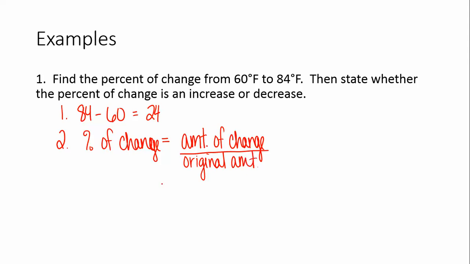In this case, the amount of change is 24, and we're dividing it by 60, which was the original. 24 divided by 60 is 0.4. But remember, we need a percentage, so that's going to be 40%.